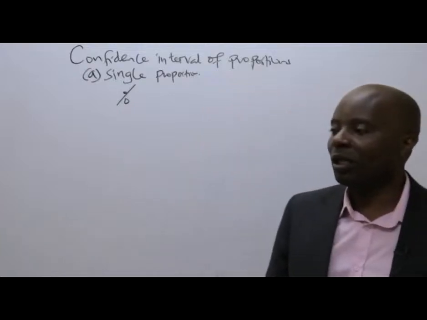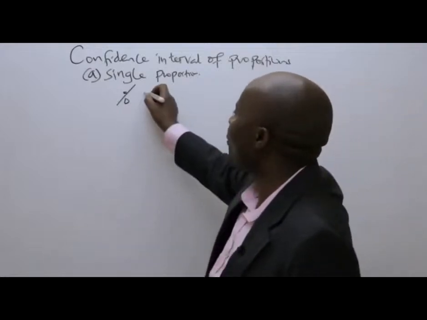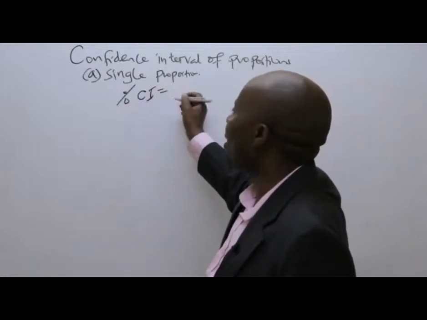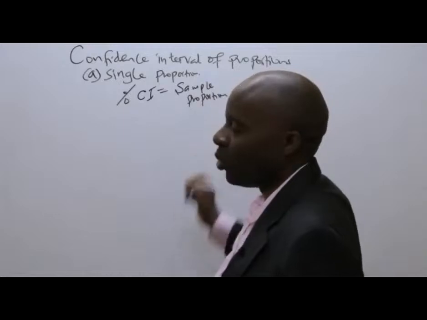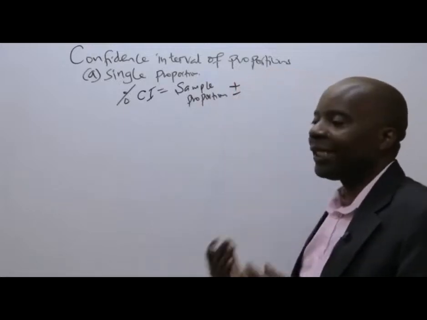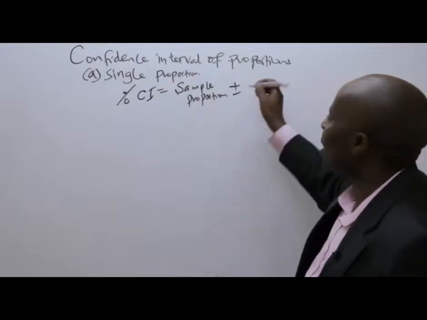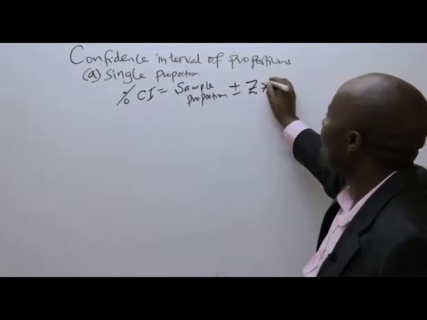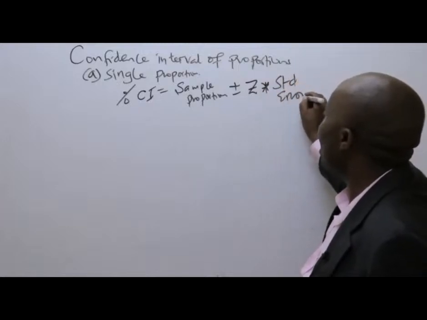The percentage confidence interval of a single proportion will be equal to the sample proportion plus or minus the test statistic. For now, we are looking at large samples, so the test statistic will be Z. So Z times what we call the standard error.